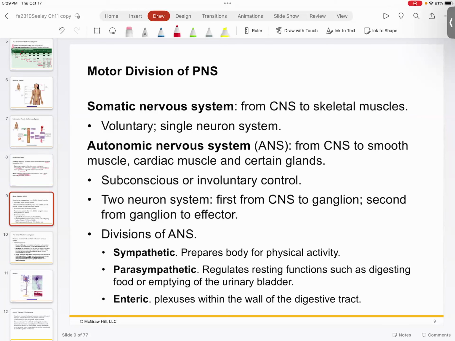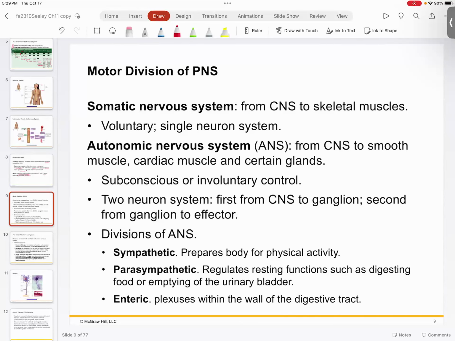So then from our motor division, as we break into the somatic versus the autonomic, the somatic will go directly to the skeletal muscles. As a matter of fact, we've already done a lot of work, believe it or not, on the nervous system in chapter 9.